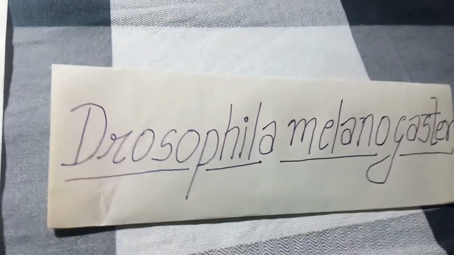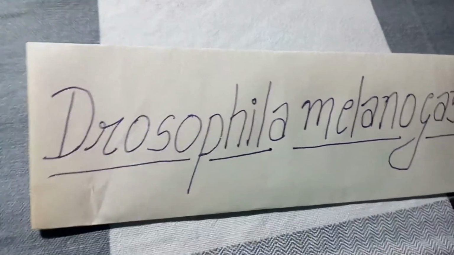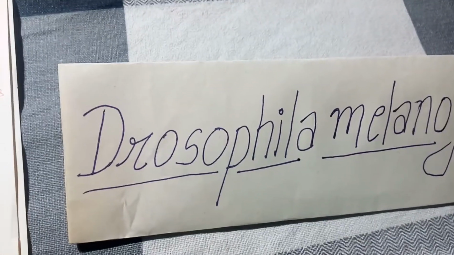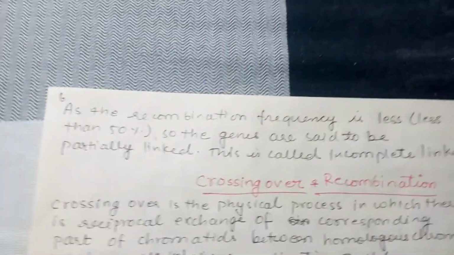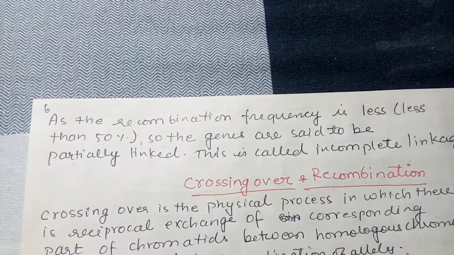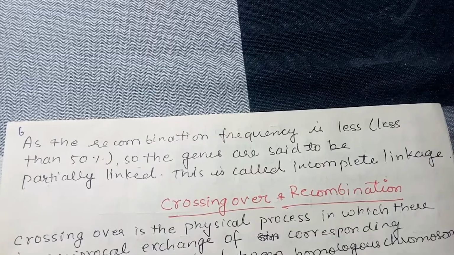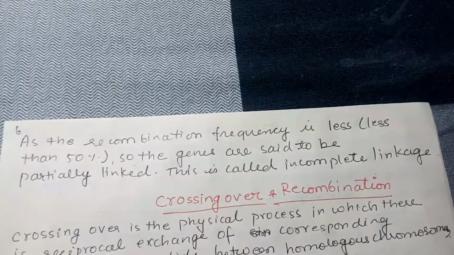Such a linkage, where there is no complete linkage but partial linkage is seen, and the recombination frequency is less than 50%, is called incomplete linkage.